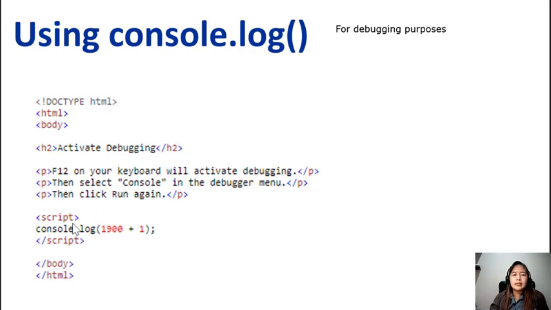So what happens is that when you use console.log, you have to press F12 on your keyboard, and that will activate the debugging screen, just like when you press F12 when you open any website for that matter. The console should be selected in your debugger menu, and then you need to run again so that you could see the result of 1900 plus 1.